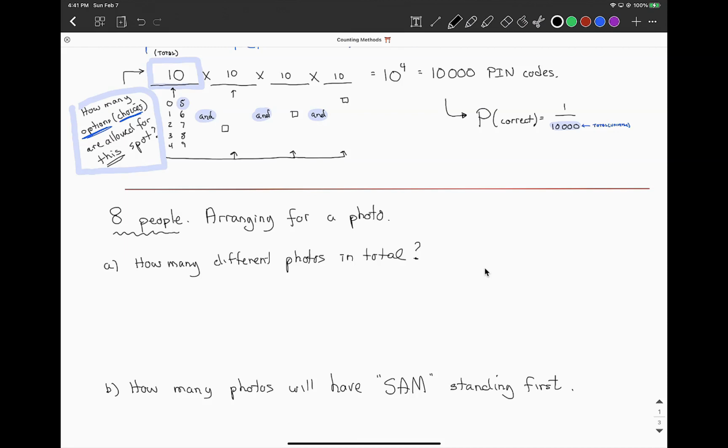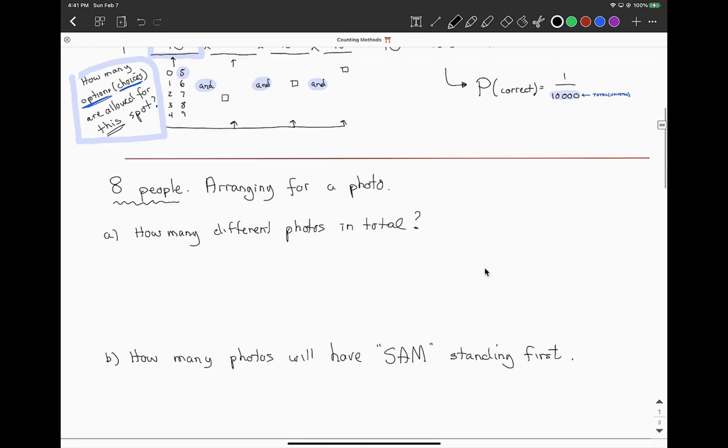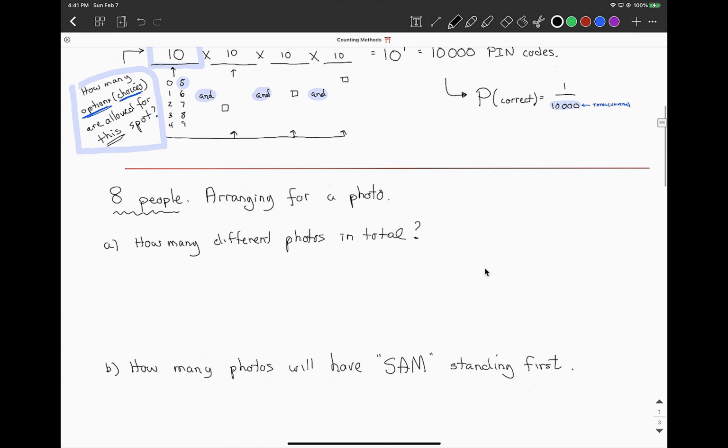There's a very, very specific spot for Sam. And we can ask this, and this is a classic fundamental counting principle kind of question. And I would use this exact same strategy.